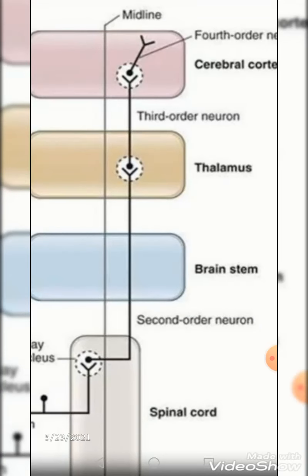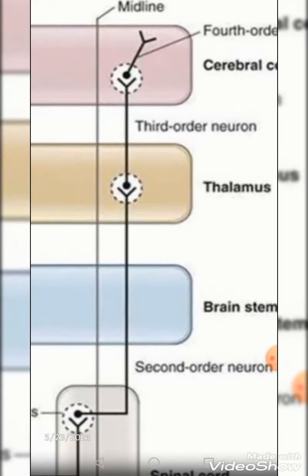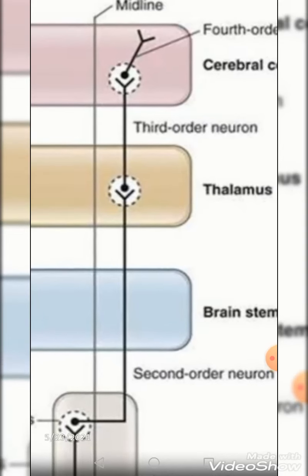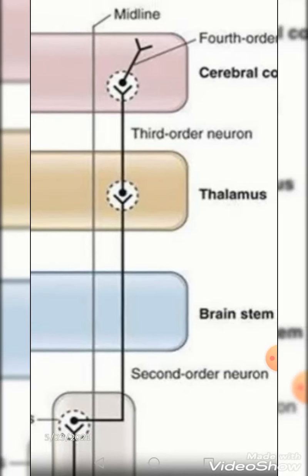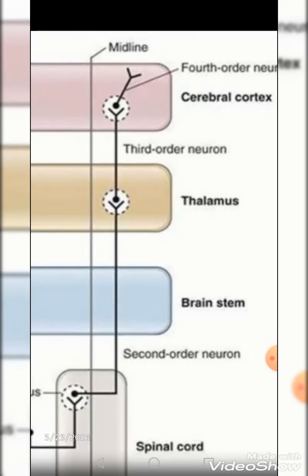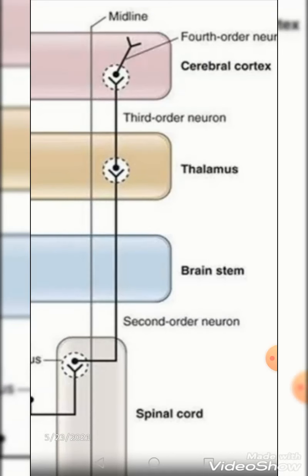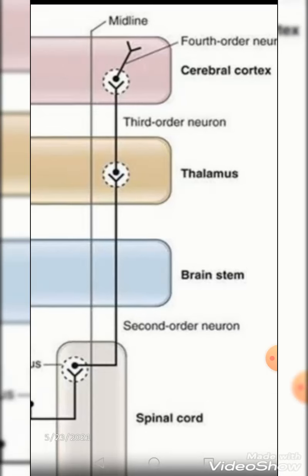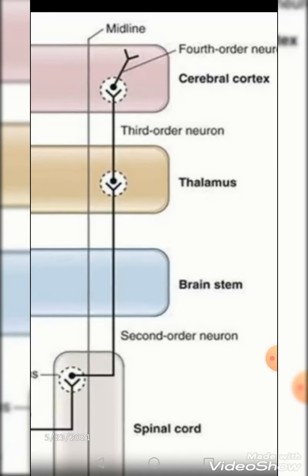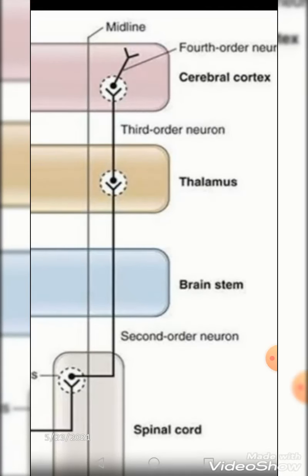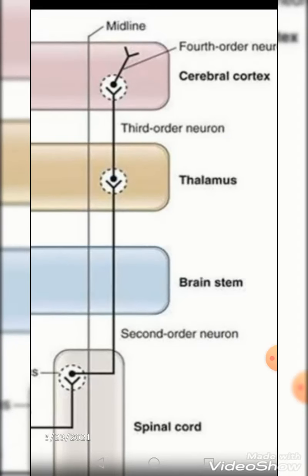And from here, after this 2IC or second in command, the second order neuron, in the thalamus now the third order neurons are supposed to take information towards your cerebral cortex, and from here towards the respective area, the fourth order neuron is taking information towards the required site of the cerebral cortex, right?